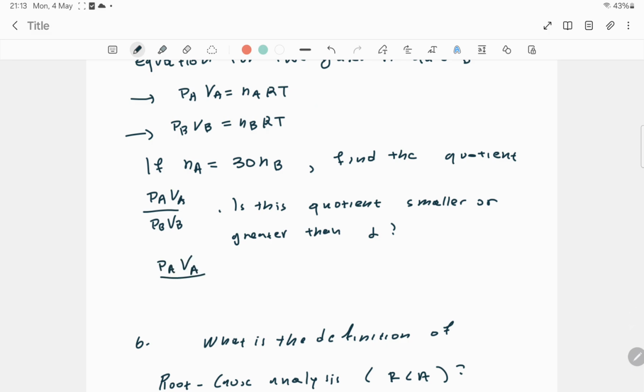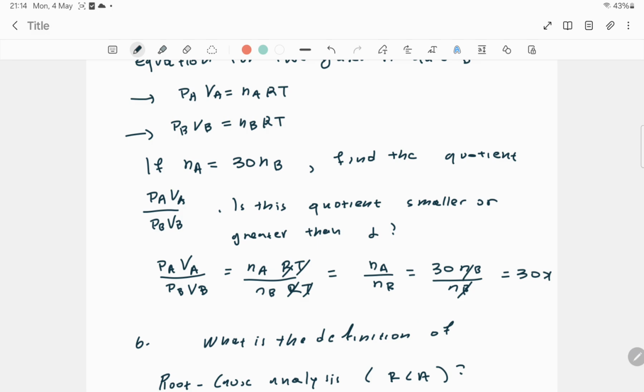We divide these two equations. This will simplify and we have nA over nB. nA is 30 times nB. We can substitute in the numerator over nB. So that's going to be 30.